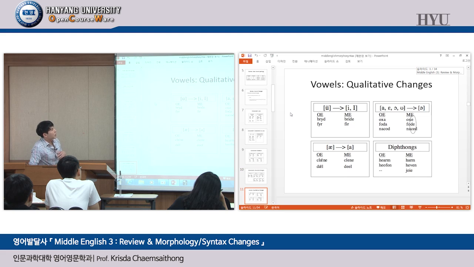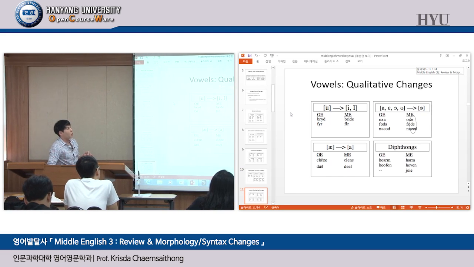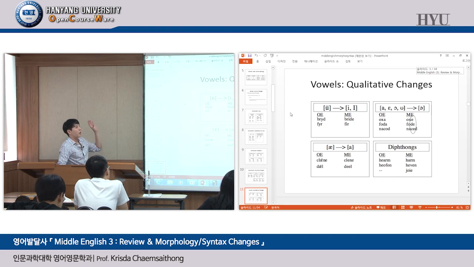And for vowel changes, we have qualitative changes, right? From one vowel to a different vowel. So quality, one vowel to a different vowel. So U with the two dots above, that's the rounded U, like that. So spelled with a Y in Old English, right?